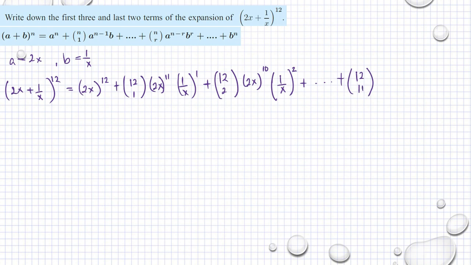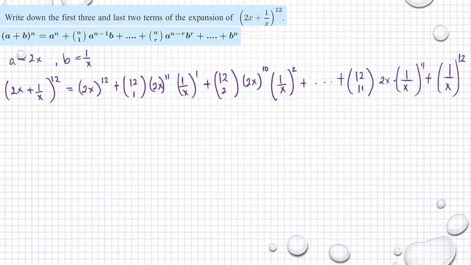Our r now is 11. If we continue that, then 2, 3, 4, 5, 6, 7, 8, 9, 10, 11. And now we have our a, that's 2x raised to 1 this time. And then 1 divided by x raised to 11 plus our b, 1 divided by x raised to 12.